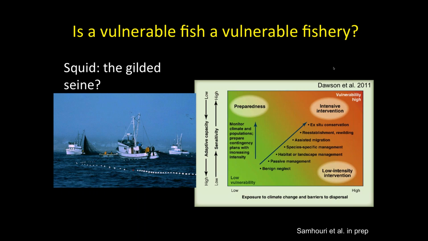So here I was borrowing that metaphor to think about the relatively high ecological vulnerability of market squid on the West Coast, combined with the large extent to which squid fishing vessels rely upon squid as a primary source of revenue. Does that clarify things, or would you like me to say more?